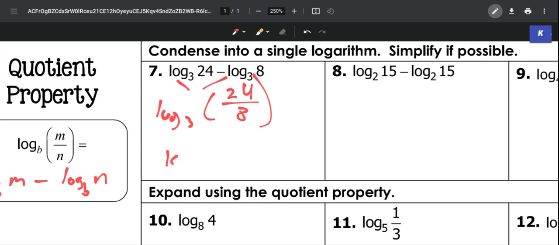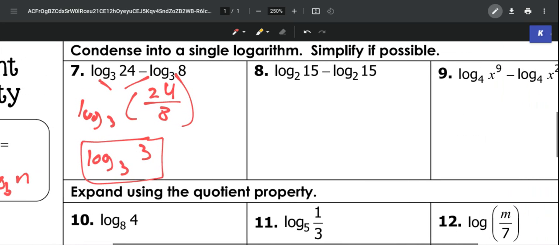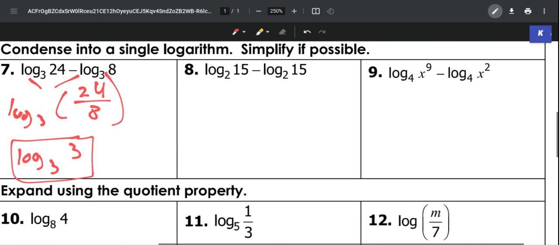Then if we want to further simplify this, we'll end up with log base 3 of 24 over 8, which is 3. So we would get log base 3 of 3.